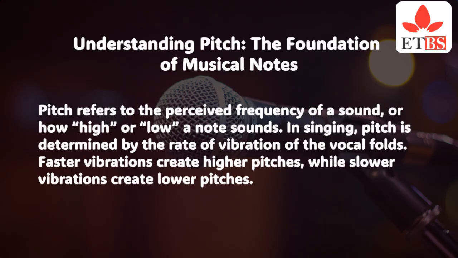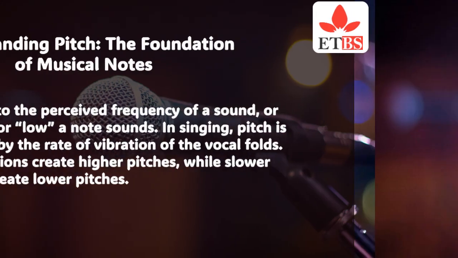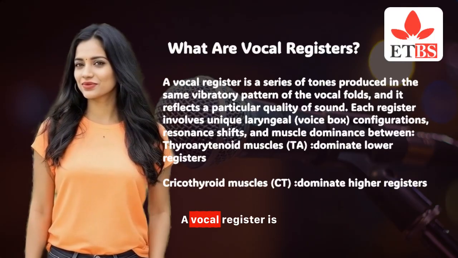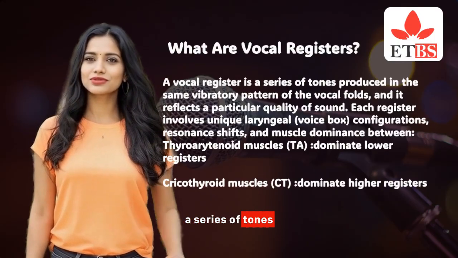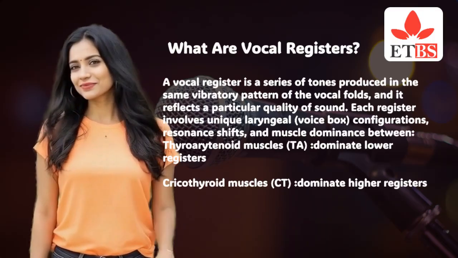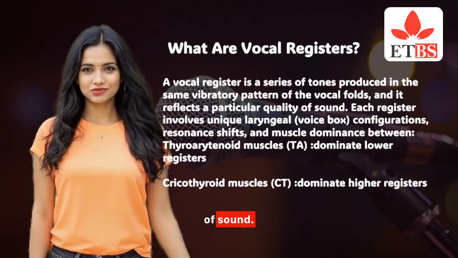Singers must develop conscious control of pitch, which includes producing it accurately, pitch production, sustaining it, pitch maintenance, and matching external references, pitch matching. What are vocal registers? A vocal register is a series of tones produced in the same vibratory pattern of the vocal folds, and it reflects a particular quality of sound.